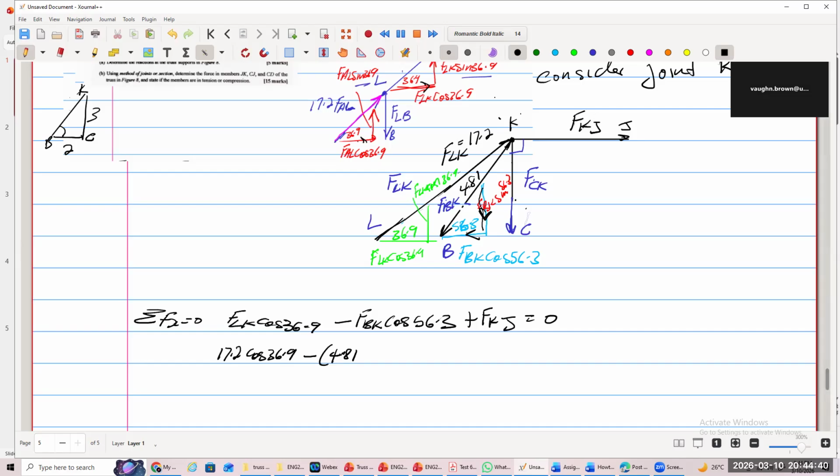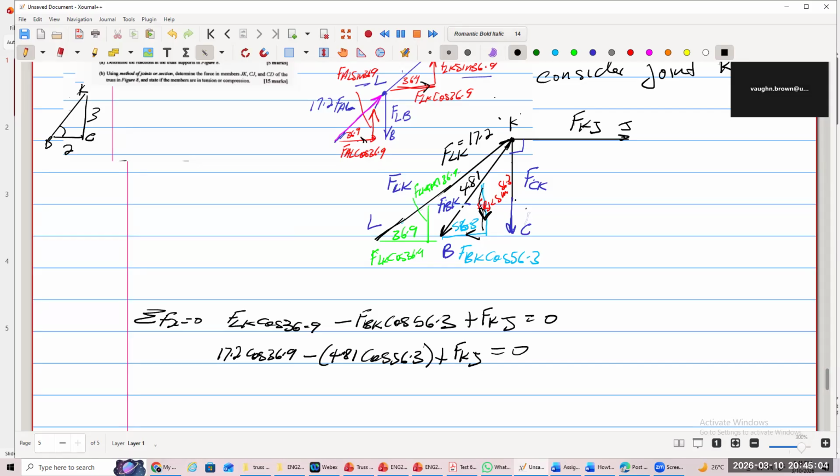Why does it become minus? Because of the direction it is going. Cos 56.3 plus F_KJ equals 0.